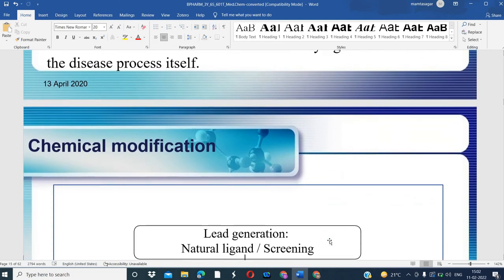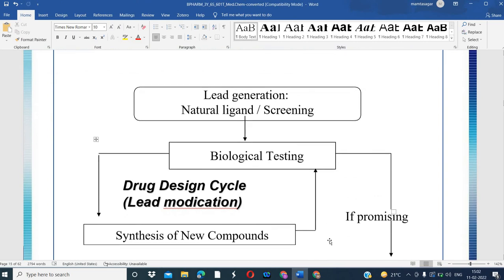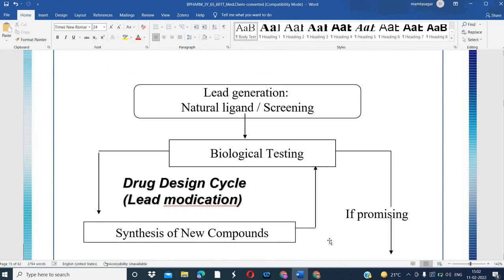So chemical modification we can do in the computer, and that is called lead generation, natural ligand screening. Initially we start from a natural ligand, then we do the biological testing. So this is the process: the drug design cycle, lead modification. What is a lead molecule? The one that actually works against the target. You can modify anything, but the lead molecule should not be modified, like the beta-lactam ring of penicillin.